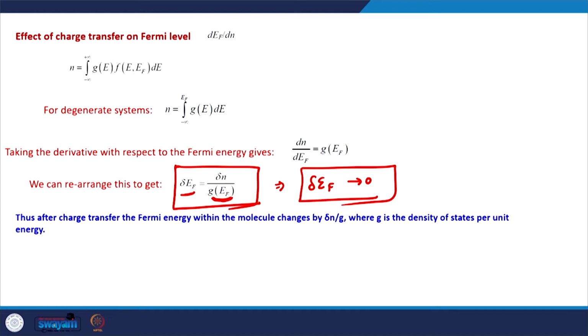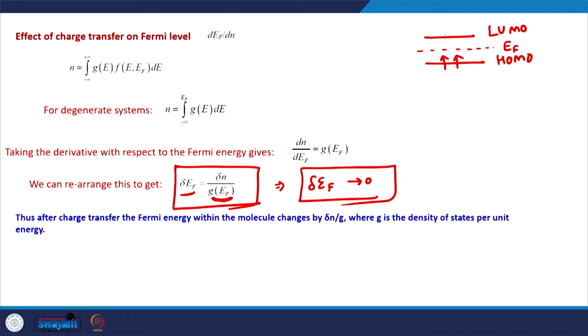But in nanosystems, as we had seen, in this kind of nanosystem in which we have HOMO completely filled and LUMO completely empty, the Fermi level is in between LUMO and HOMO.